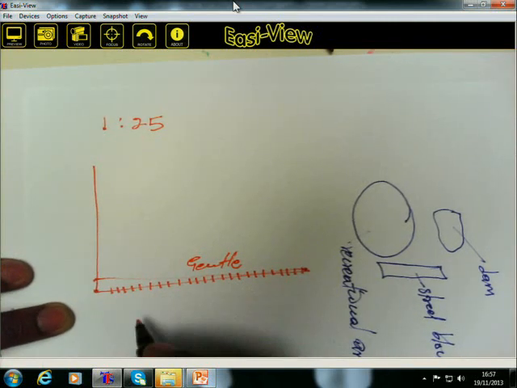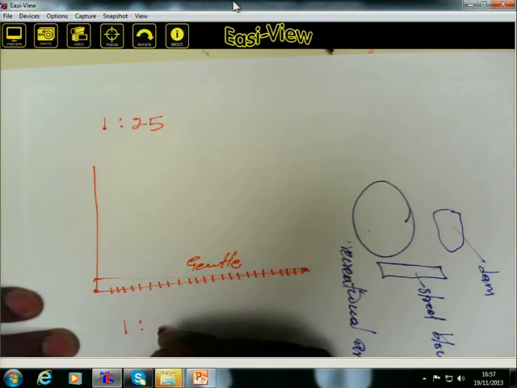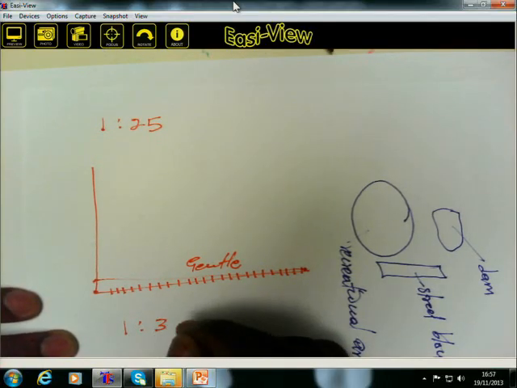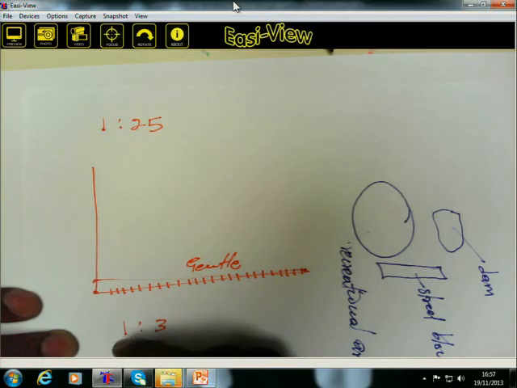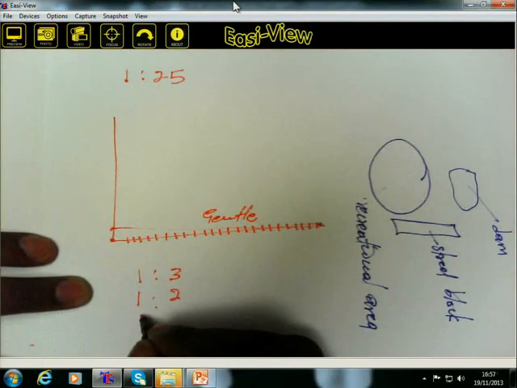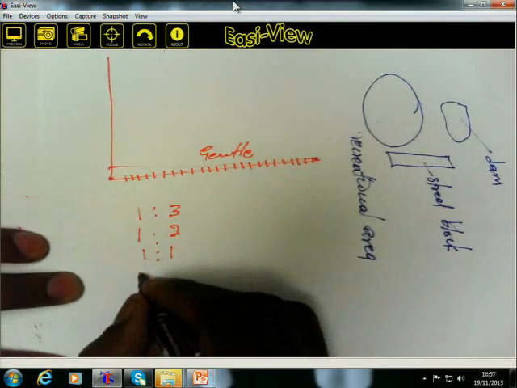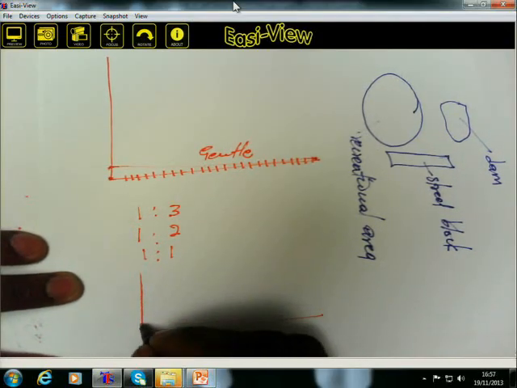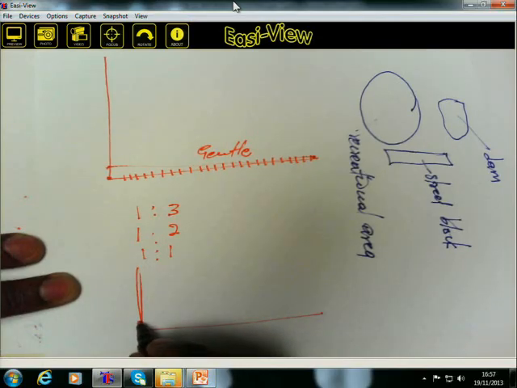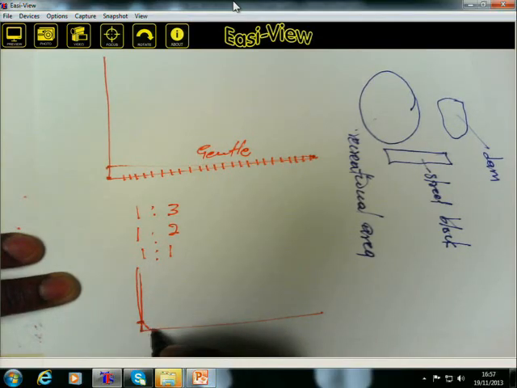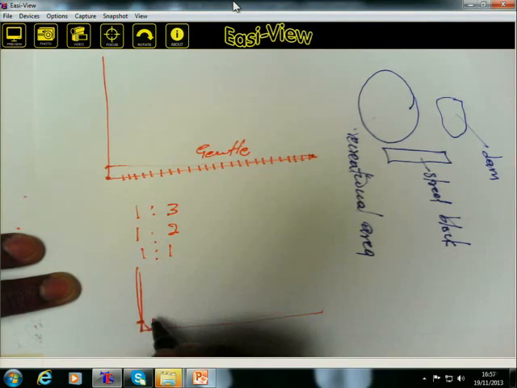But if you have an answer that says 1:3 or 1:2 or 1:1, it means you'll have moved 1 step up and 1 step down. 1:1, 1:2, 1:3.